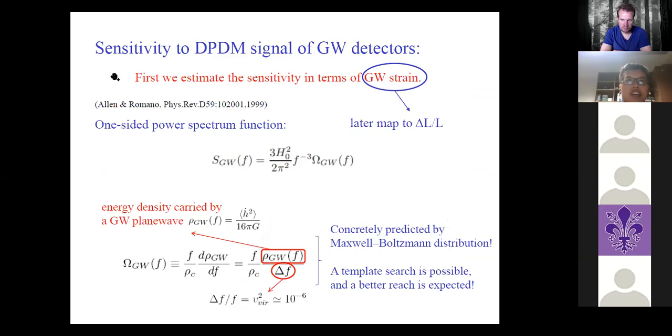And now let's see how to calculate the sensitivity to dark photon dark matter signal of gravitational wave detectors. First, we will estimate the sensitivity in terms of gravitational wave strain. And then we will translate the sensitivity of gravitational wave strain to the sensitivity of the relative arm length change.